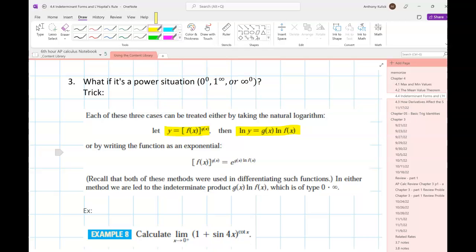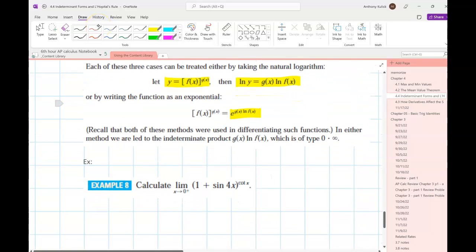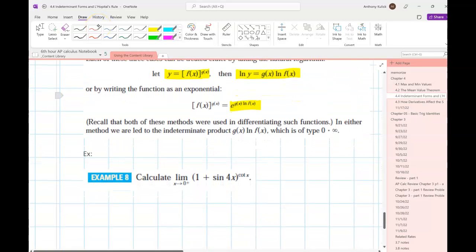And then we'll go back and evaluate our limit with an exponential. So let's go ahead and take a look here. First thing I should do is check to see that this is one of these indeterminate forms.